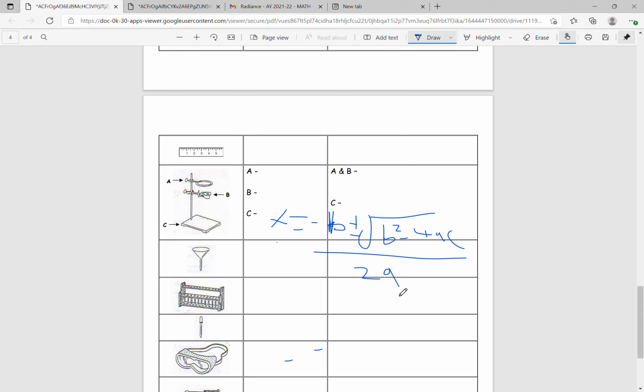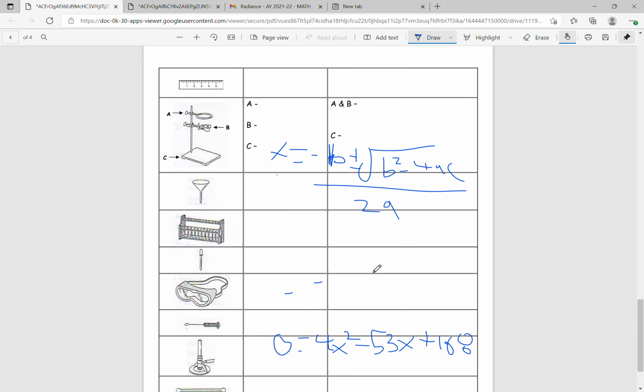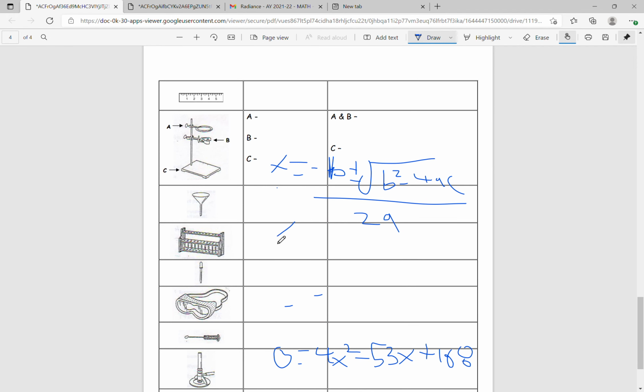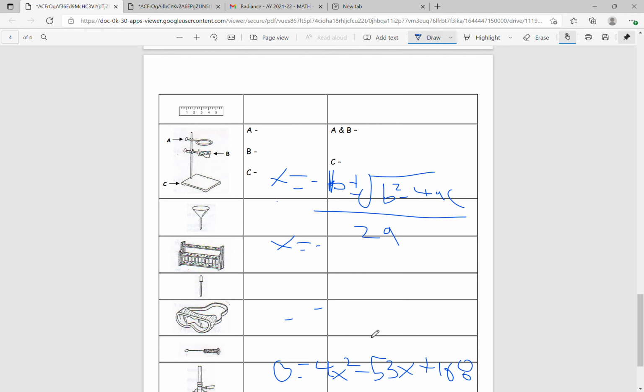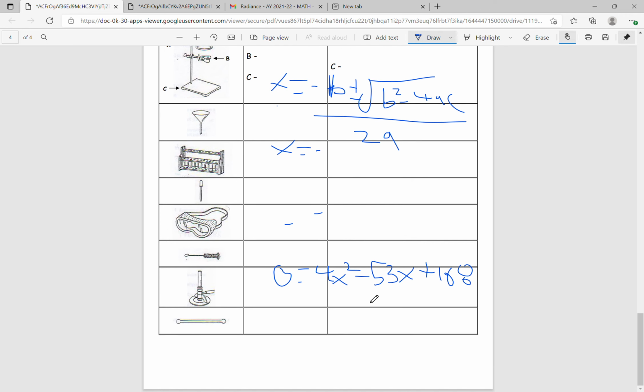In order to do that, we're going to have to use the quadratic formula, which does take a long time. So x equals negative b. Here a is 4, b is negative 53, and negative times negative 53 is just positive 53. So that's positive 53 plus or minus the square root of negative 53 squared, which is 53 times 53.